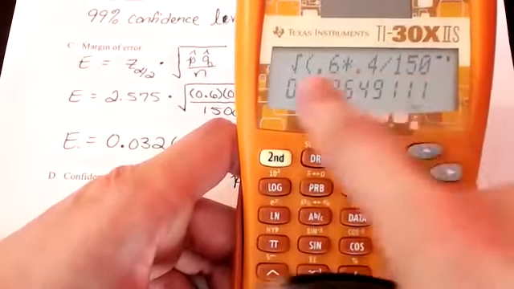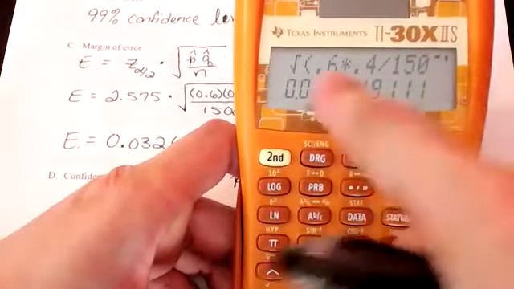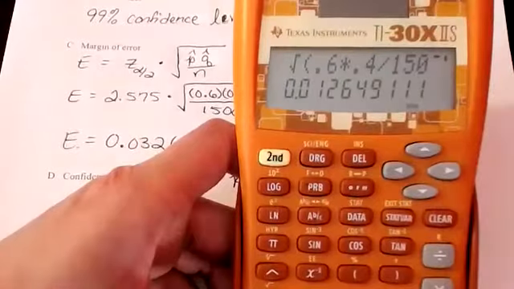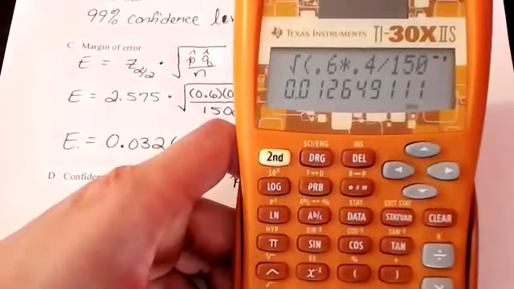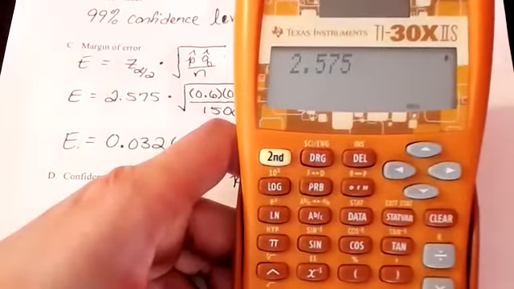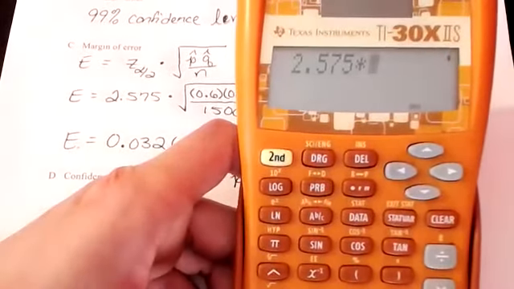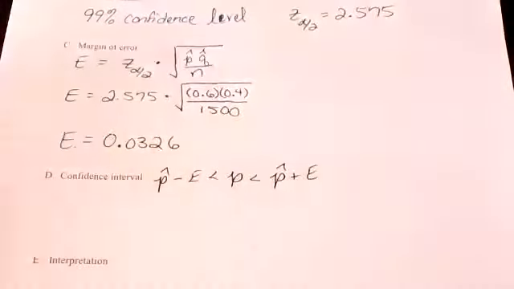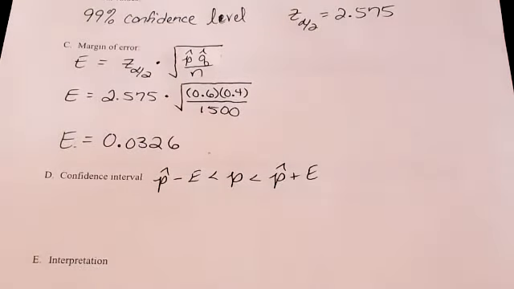You can literally just punch it in as is because it will interpret the order of operations correctly. And then of course, I would just start with 2.575, then I do times and then the square root of everything. So you should be getting 0.0326.